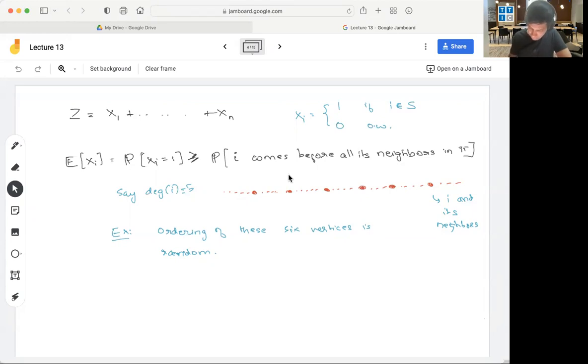In this particular case, how many permutations are there in which I is appearing in the first position out of these 6? Well, let's put I in the first position, and then you have 5 factorial ways to arrange the rest of them. So it's 5 factorial divided by 6 factorial, or 1/6. In general, the probability that I is picked before all its neighbors is greater than or equal to 1 over the degree of I plus 1. And then we are done, because then the expectation of C is greater than or equal to the summation over I of 1 over the degree of I plus 1.